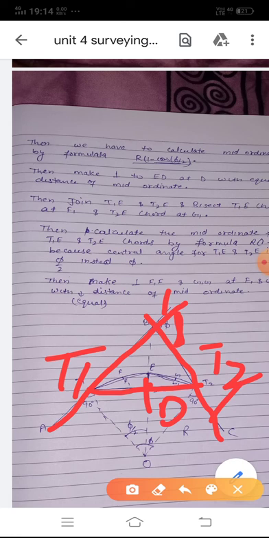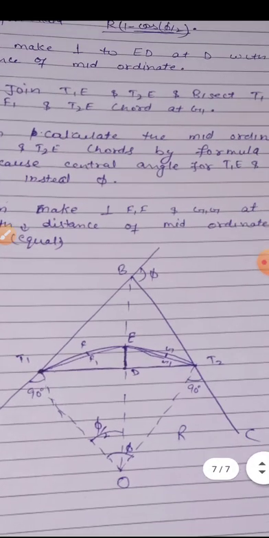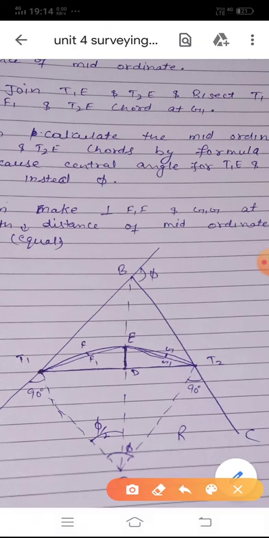Then next we have to calculate the mid ordinate by the formula given from the last class. We know the mid ordinate is R times 1 minus cos phi by 2, where our mid ordinate is this. This is our mid ordinate, okay, ED.